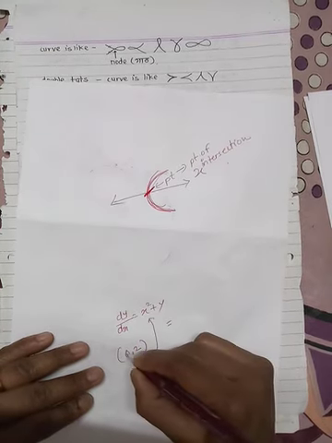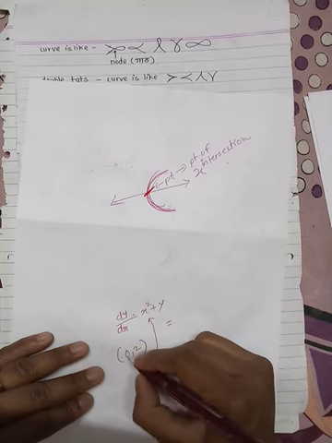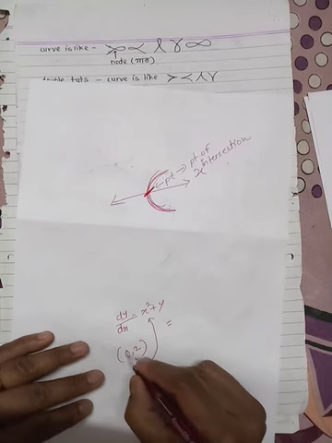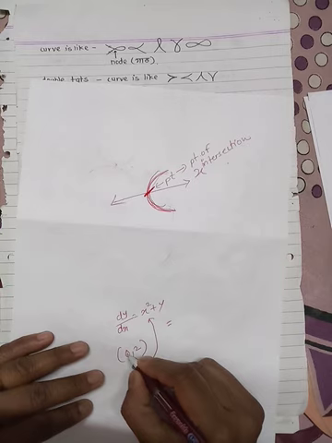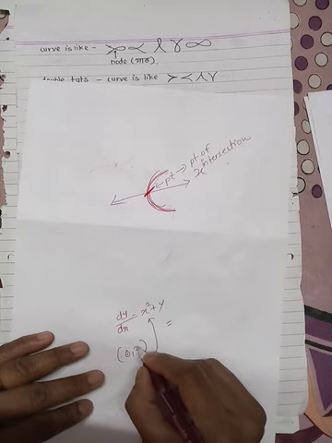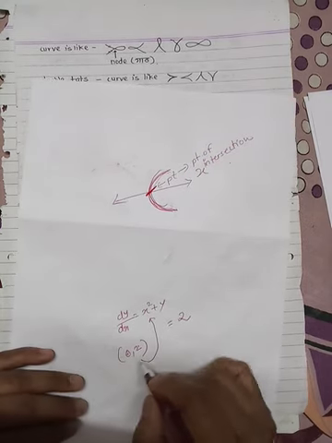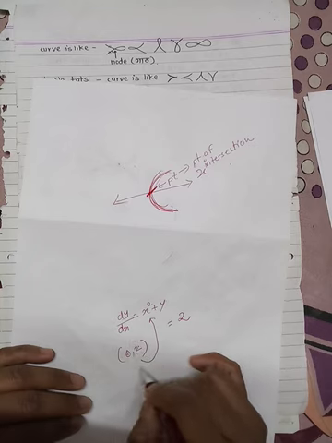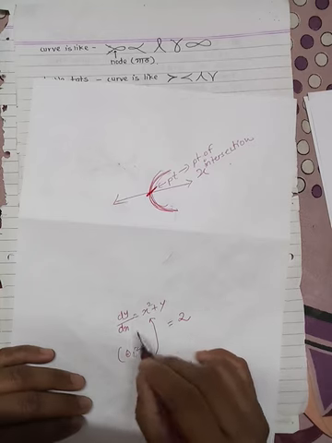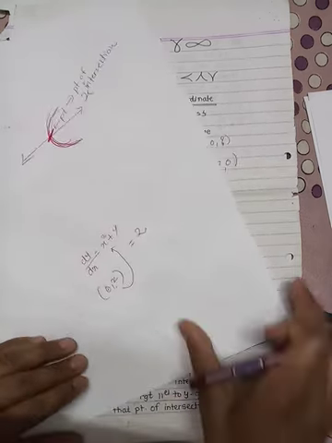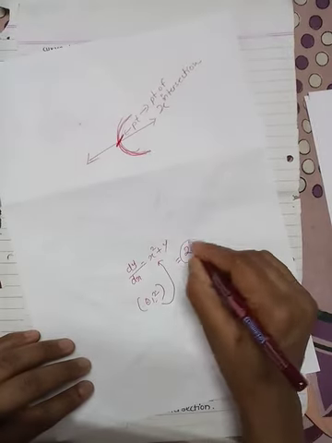That is, put x equal to 0 and y equal to 2. The first coordinate is your x coordinate and the second is your y coordinate. So putting x equal to 0 and y equal to 2 here, we get dy by dx equal to 2. In this way, we put the point of intersection other than the origin in dy by dx, and here we get the value 2.